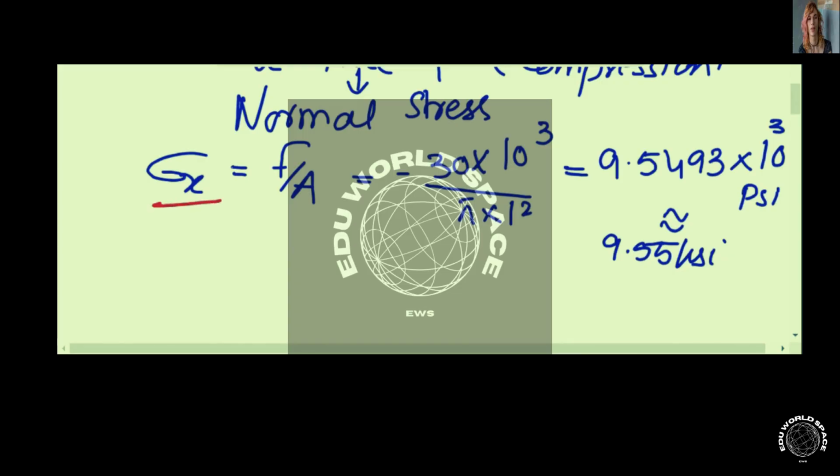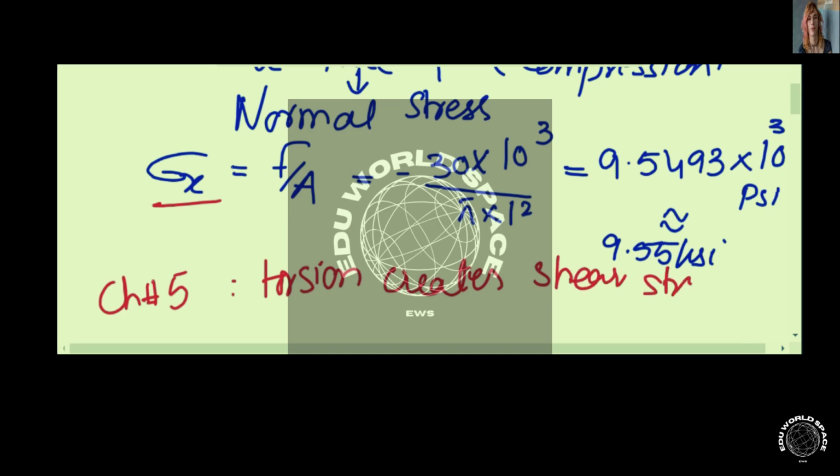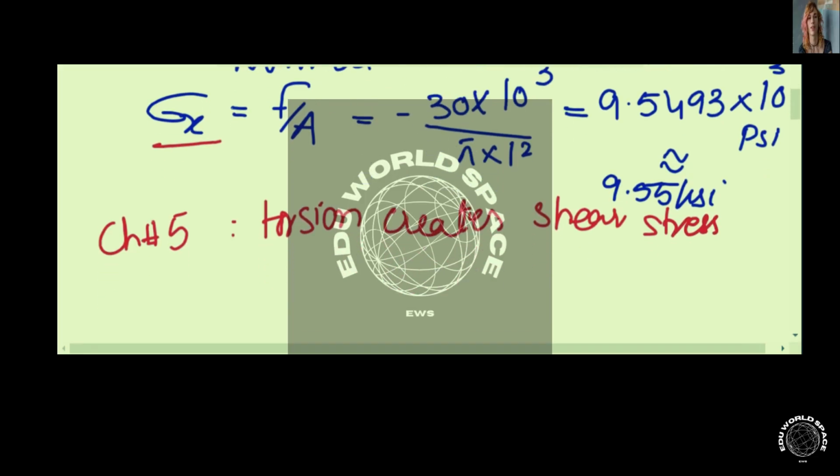Now if you recall from chapter 5, torsion creates shear stress, and it can be found by using formula 5.6.